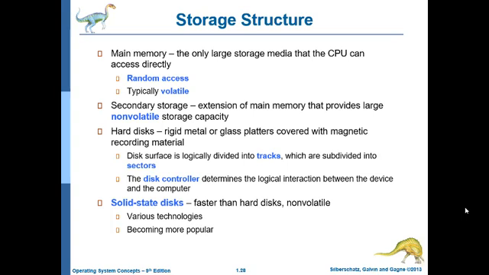And secondary storage like the hard disk is not volatile, because even if the computer power is shut down or there is no electricity, the data is permanently stored on the magnetic disk surface, so that is non-volatile. You restart the computer and you will still find your files, data and programs on the hard disk. Hard disks are rigid metal or glass plates covered with magnetic recording material.